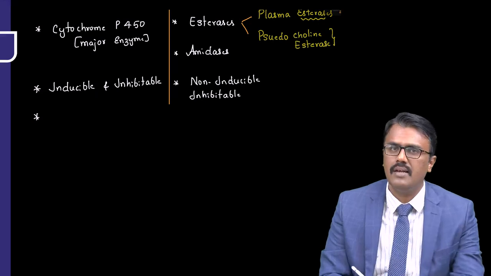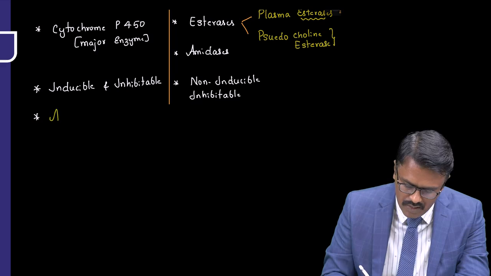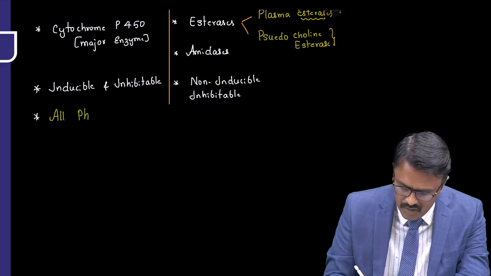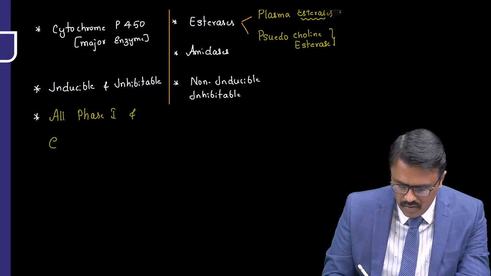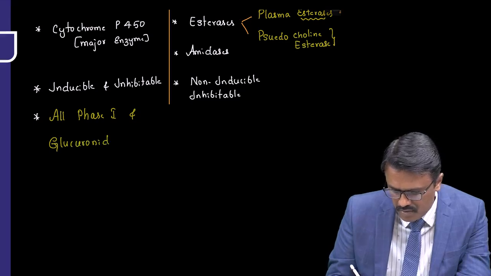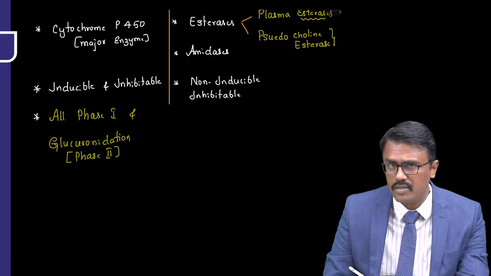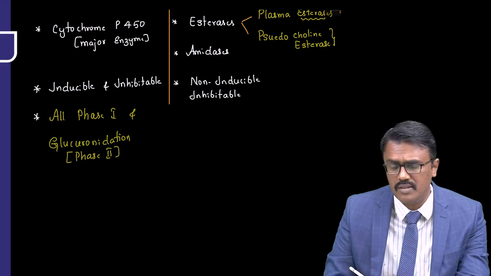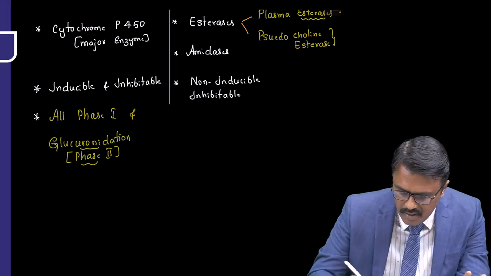Please understand, in the microsomal enzymes, all phase 1 reactions are done by them, and glucuronidation of phase 2.